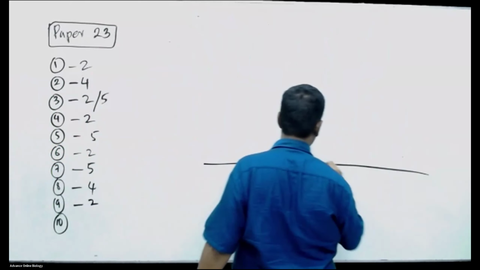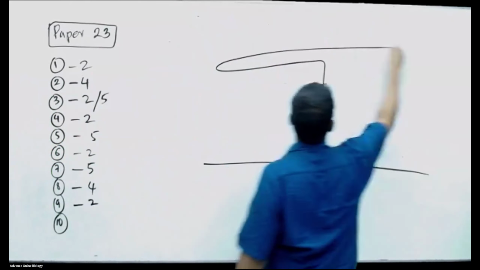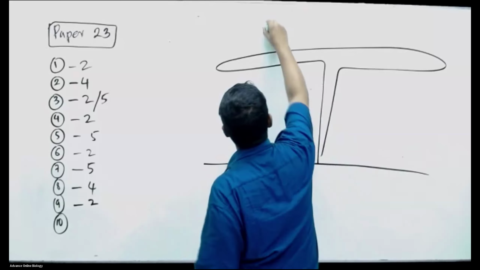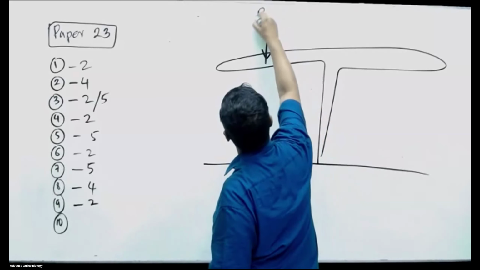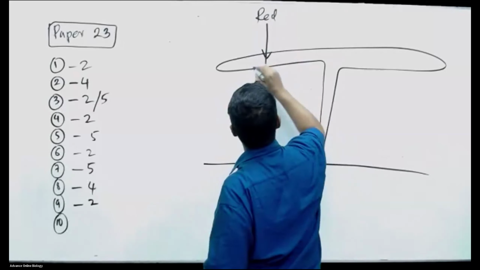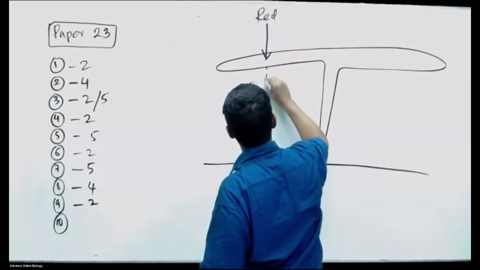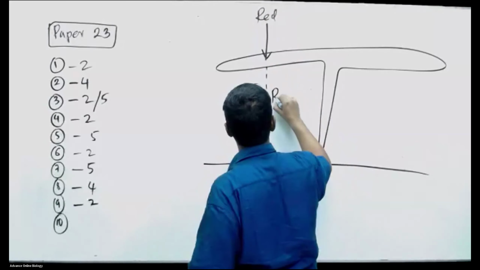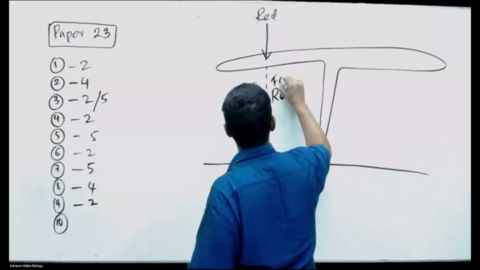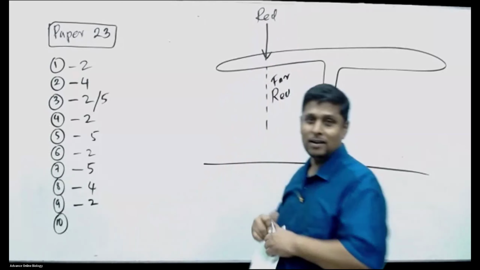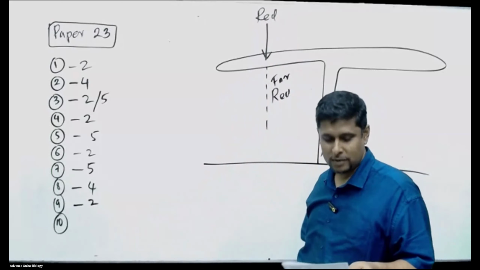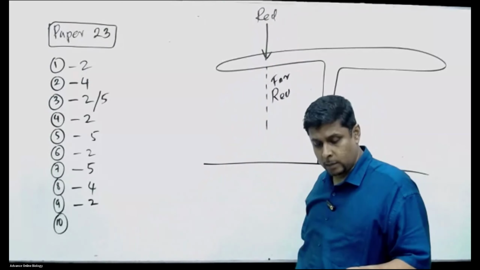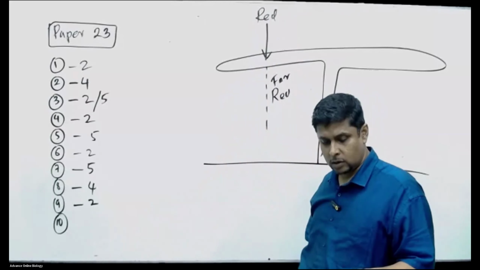This is the forest, this is the canopy. When red light falls, it absorbs it for photosynthesis. What comes down is far red. So canopy of the forest absorbs far red light, wrong.